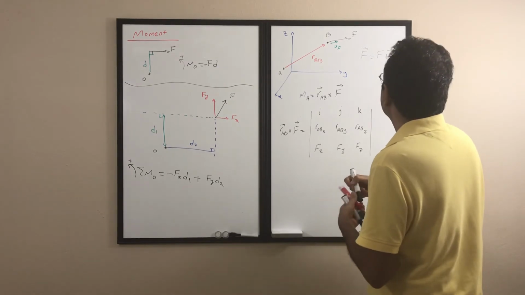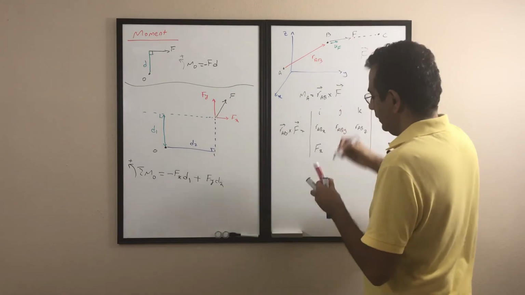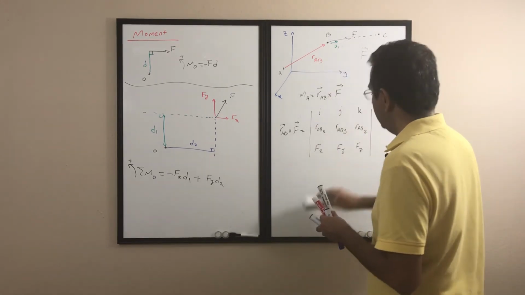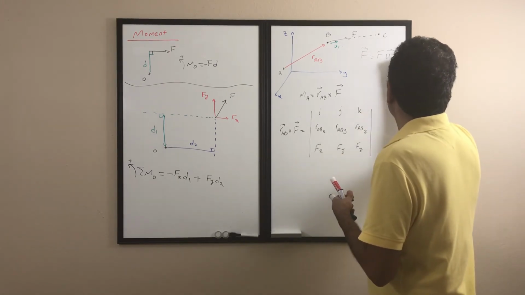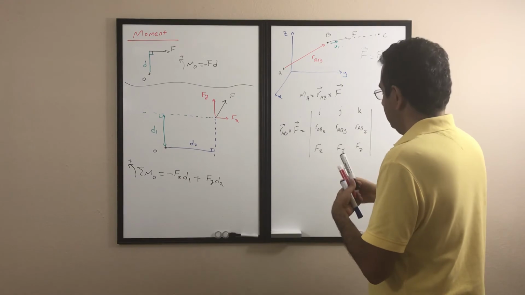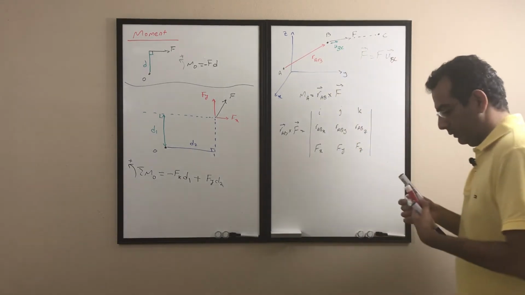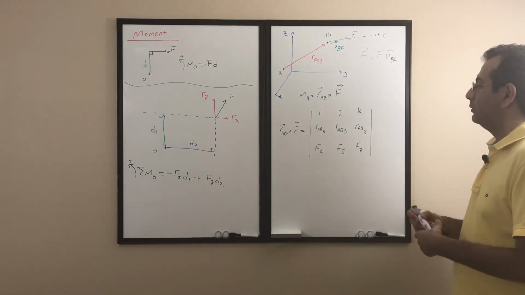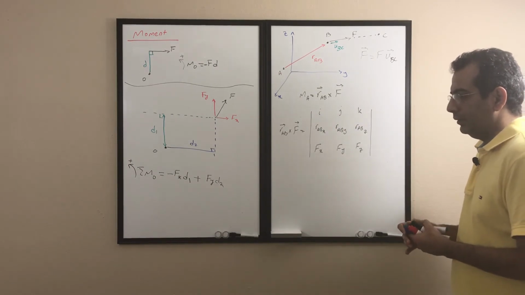That unit vector is going to be the unit vector of BC. So F is going to work with the unit vector of BC. So that's how we will calculate a moment in 3D.